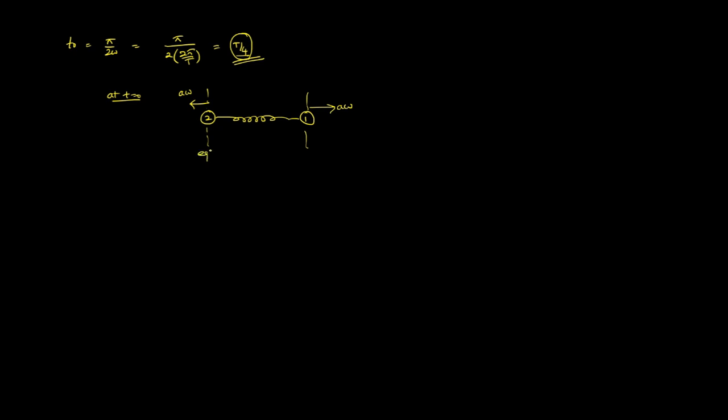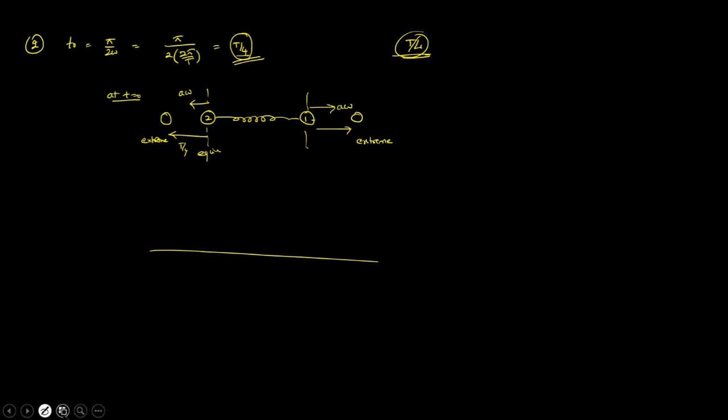We know that if particle is in equilibrium, in 1/4 of time period it will go to the extreme position, right? Okay, so this also will go to the extreme position. So both will go to the extreme position in time of T by 4. Okay, so that means for the second question, where are the first and second particles?